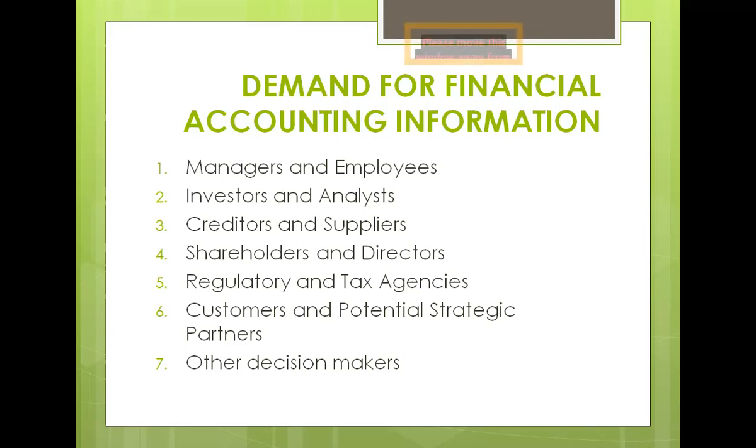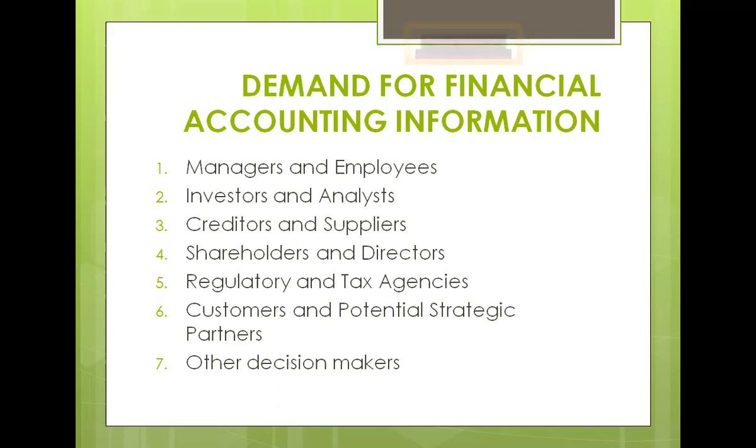The third, creditors and suppliers. Okay. So why do creditors and suppliers demand financial accounting information? Creditors, for example, the banks and other lenders, need financial accounting information to help determine loan terms, the loan amounts, the interest rates, and required collateral.